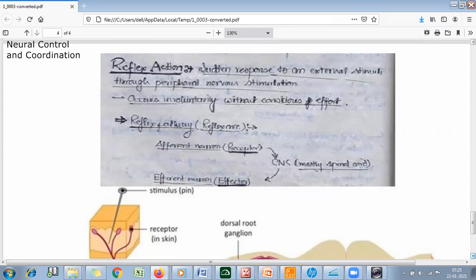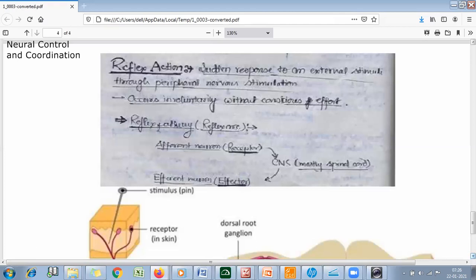We just show some action without thinking anything. So this is the reflex action. We might have experienced the same thing when we have a sudden response. So the sudden response is done involuntarily, and the path of this reflex action is called the reflex arc.